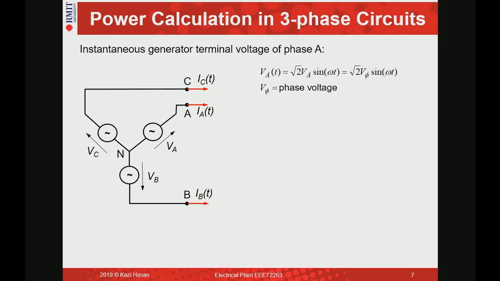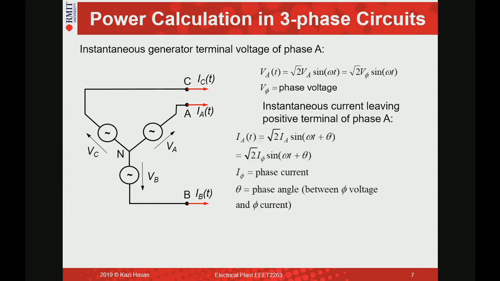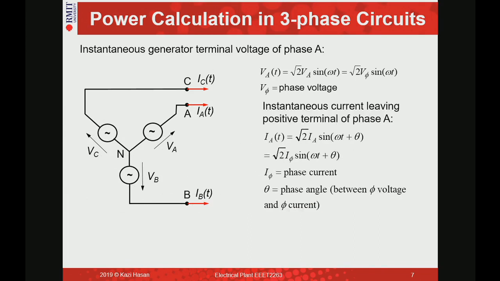So we write √2 V phi sine omega t. Now the current, if there is some impedance and some angle, the current angle will be different. So the current will be √2 Ia sine (omega t plus theta). Theta is the phase angle between voltage and current. So this is the standard form.